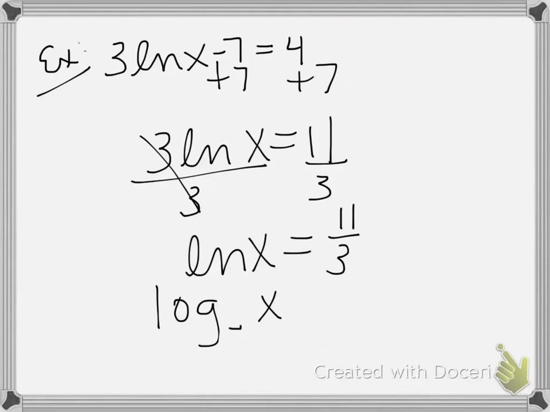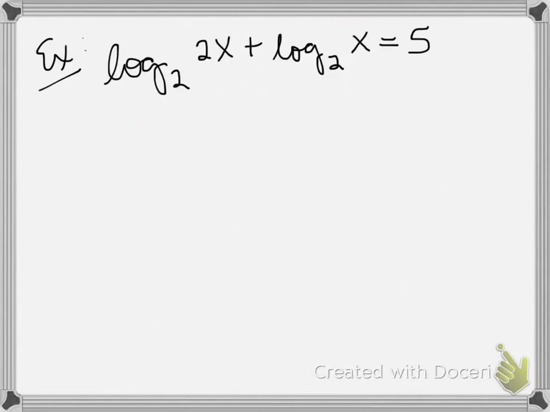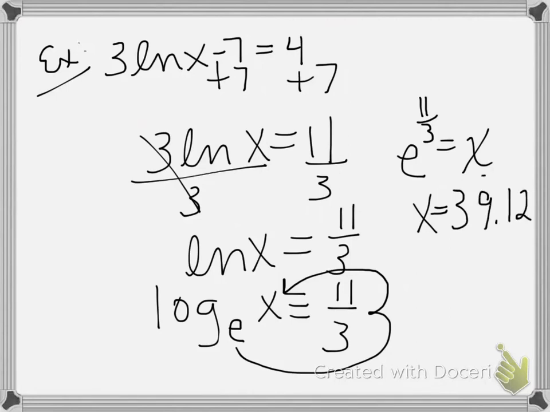Log base e of x. Then you can rewrite it. e to the 11/3 power equals x. And if I put that in my calculator, I get x is 39.12.